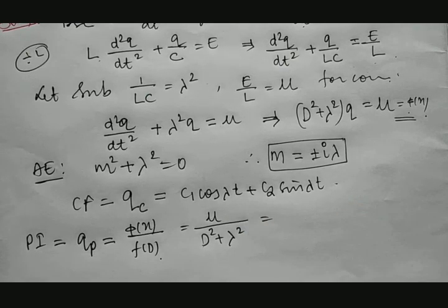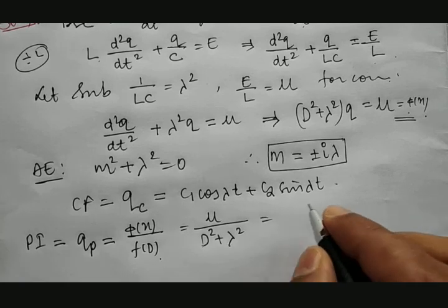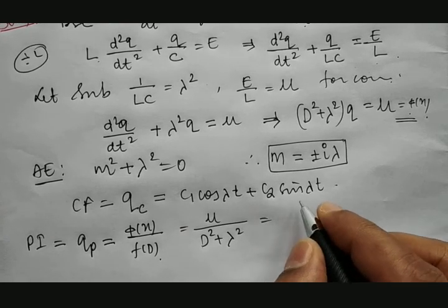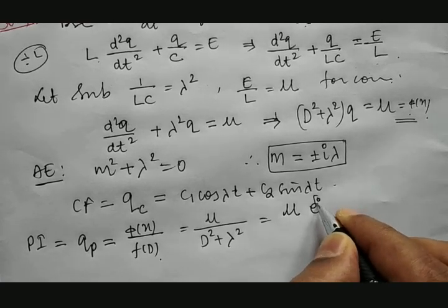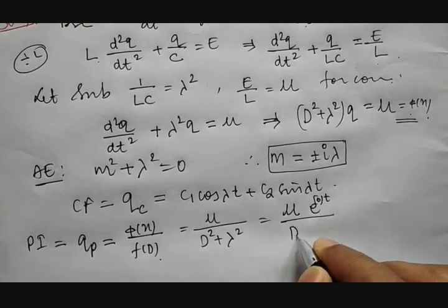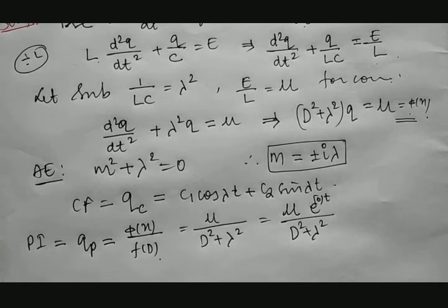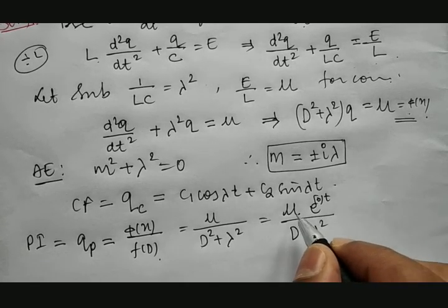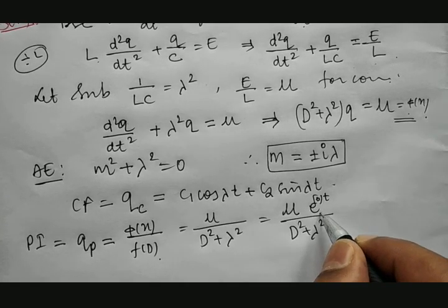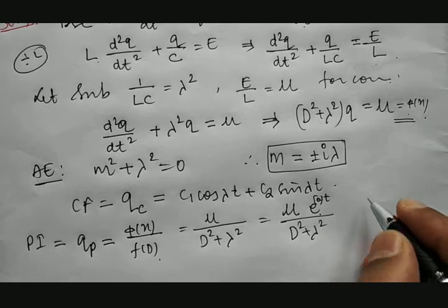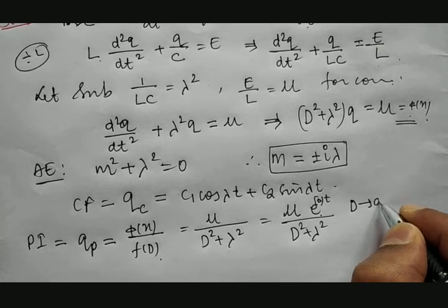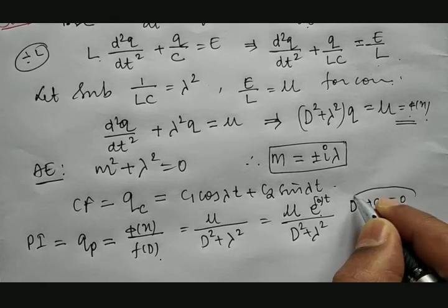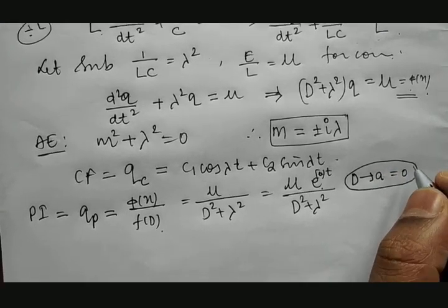Just recall, in the exponential case we discussed, if a constant comes, it can be kept in line with an exponential, like mu into e raised to 0 times t divided by D square plus lambda square. So this constant can be multiplied by an exponential with a 0 power. Therefore, it is an exponential now. So D is going to be replaced by a, that a is equal to 0.